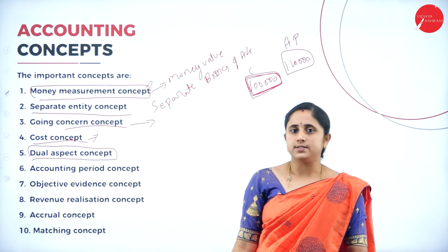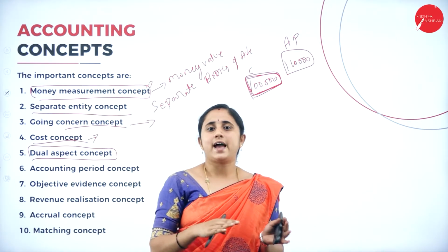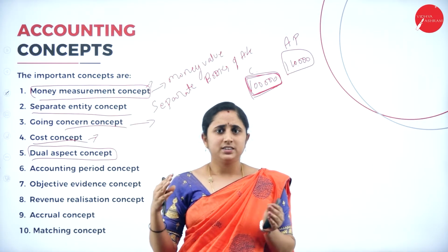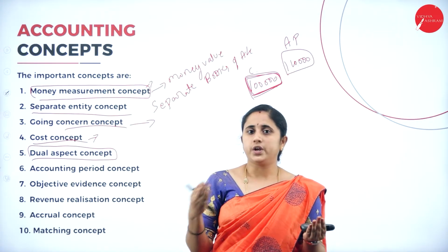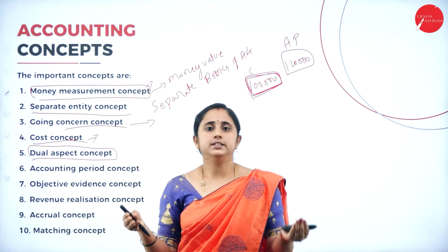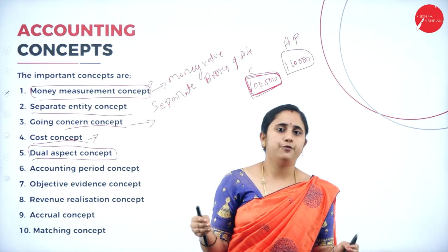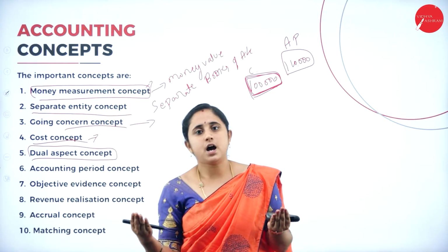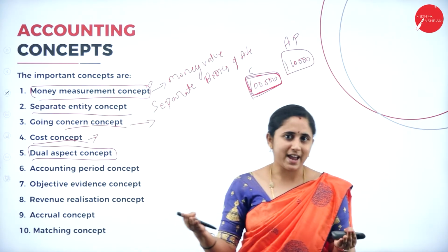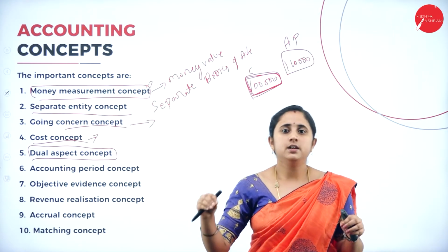Next, the dual aspect concept. The dual aspect concept means when you are purchasing or any transaction is made, there are two persons. One is a beneficiary of some value and another one is a beneficiary of the same value in another form.